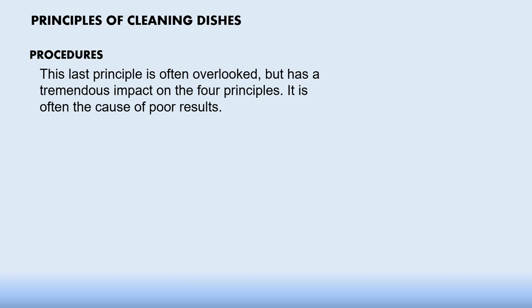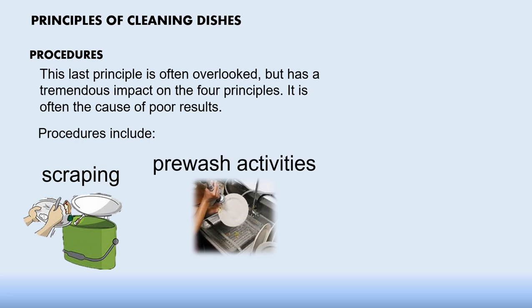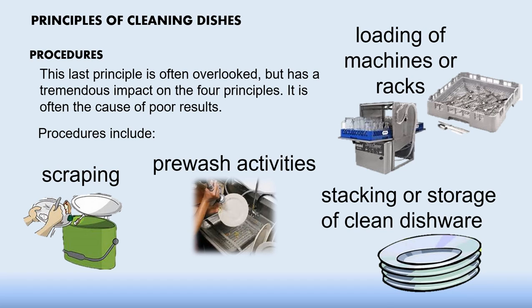Our last principle of cleaning, often the most overlooked, has a tremendous impact on the other four principles. It is often the cause of poor results. Procedures can include scraping, pre-wash activities, loading of machines or the racks, and stacking and storage of clean dishware.